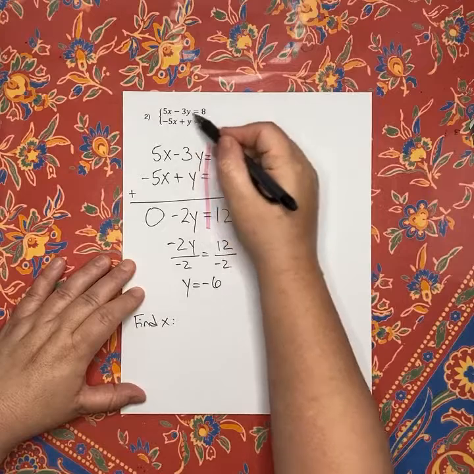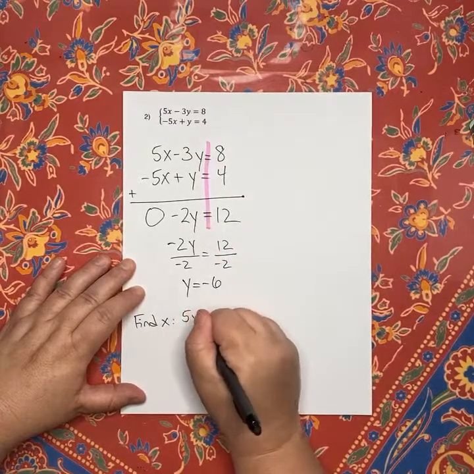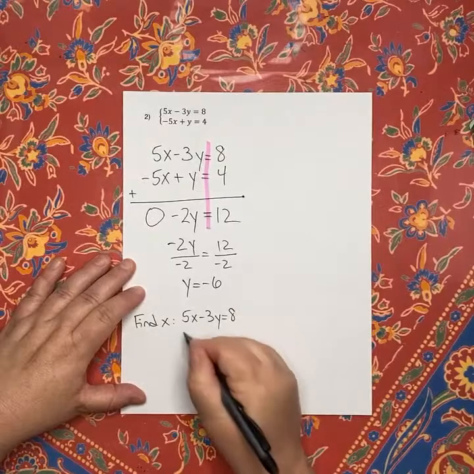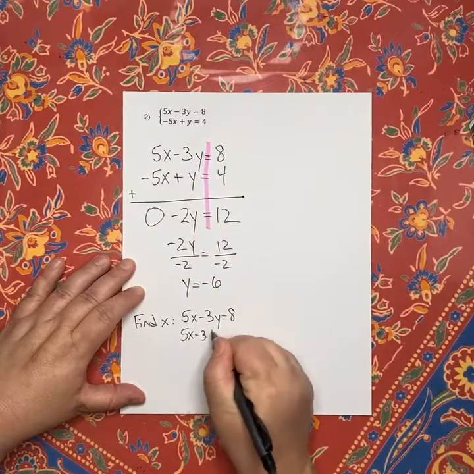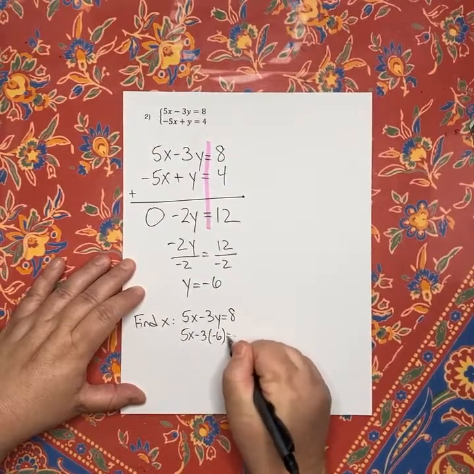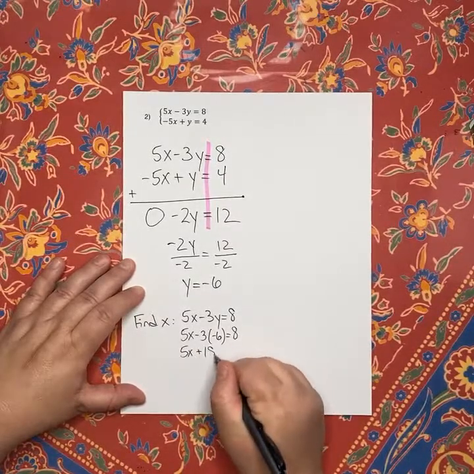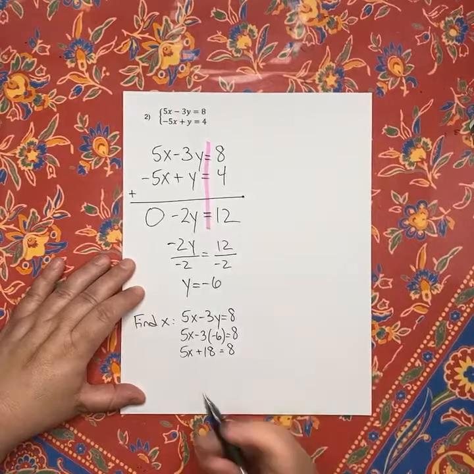I'm going to go ahead and use the first equation. 5x minus 3y equals 8. Let's see, 5x minus 3 times negative 6 equals 8. 5x plus 18 equals 8.